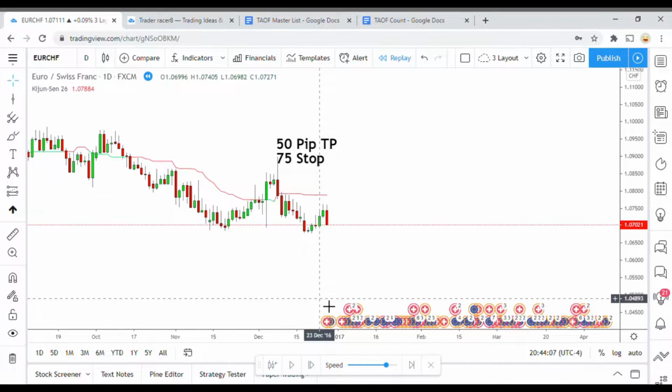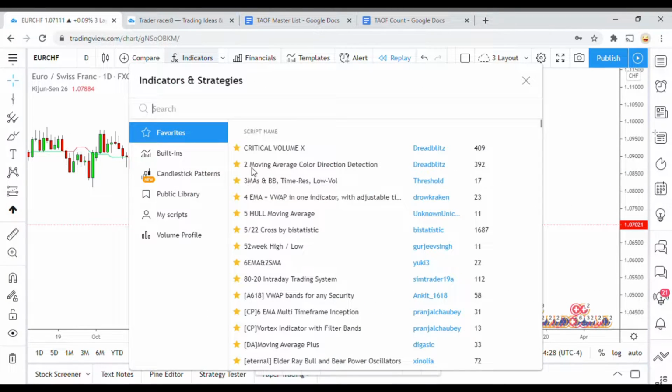And this one has been requested by one of the viewers. This indicator is a TradingView member created indicator, and basically what they have done is they have just coded out the Kaijensen itself.